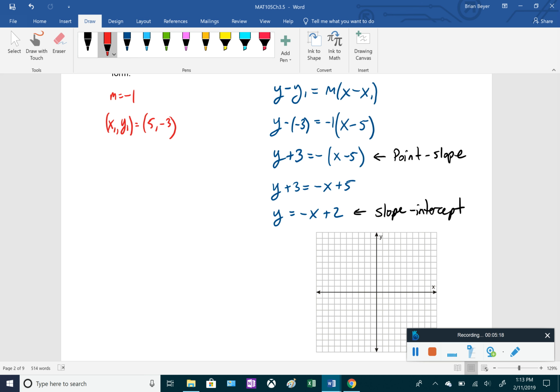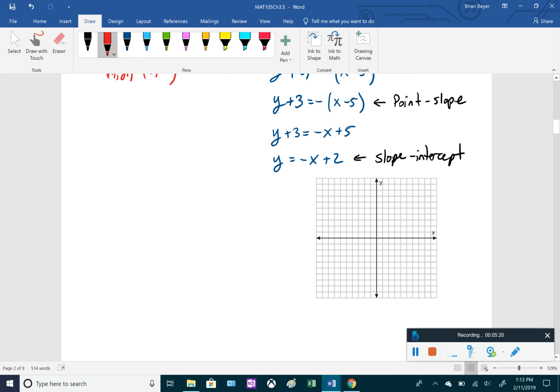So graphing this, we have the point 5, negative 3. So 5, negative 3 should be about right here. With a slope of negative 1, that means down 1 to the right 1. So that would look like this. So that would be our line. And it looks right. It looks like it's passing through a y-intercept of 2 with a slope of negative 1.